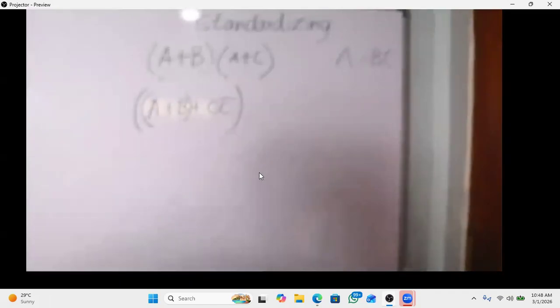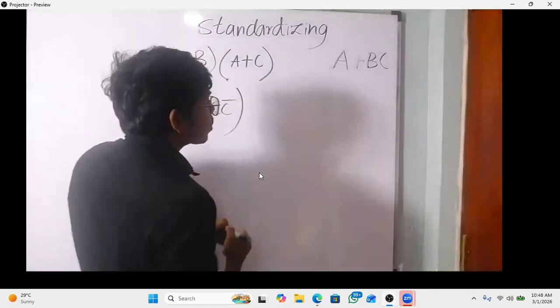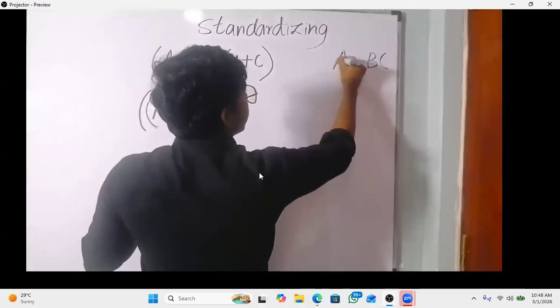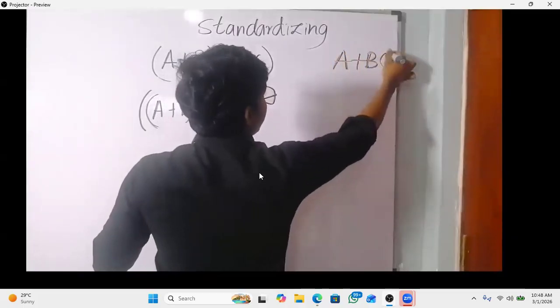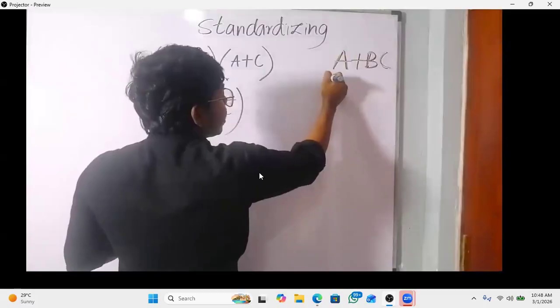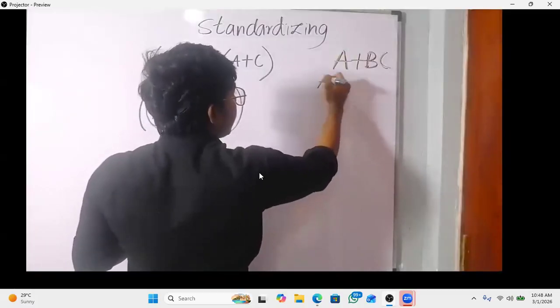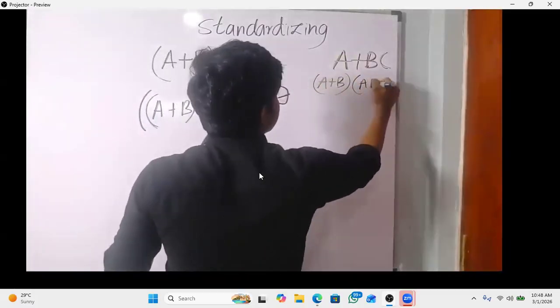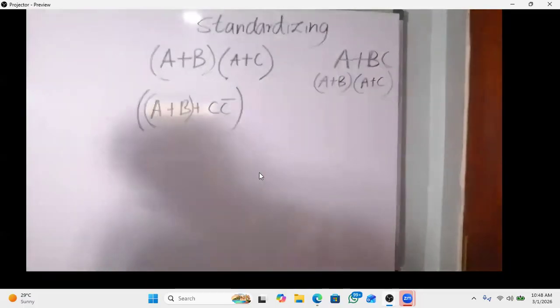Right, okay. Now clean. A plus BC. What did I do? I did A plus B, A plus C. That is the one I did.